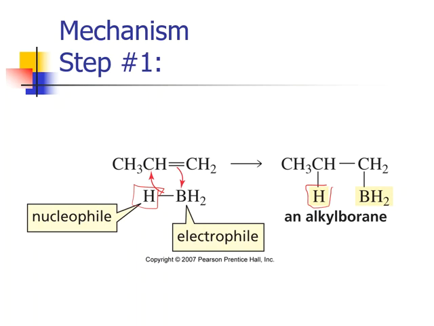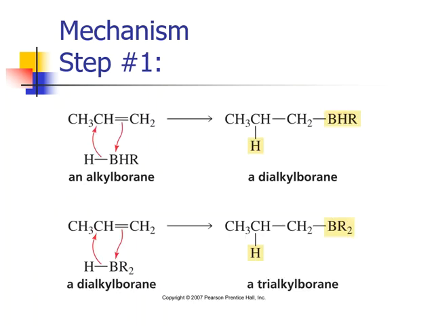Now, that process continues. This is where this gets a little weird. This BHR, this is from the first round. That's still swimming around in solution. There's still double bond in that solution. And this alkyl borane does the same thing again.